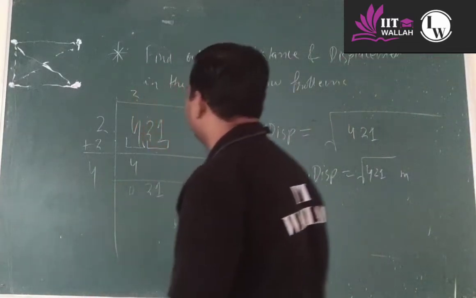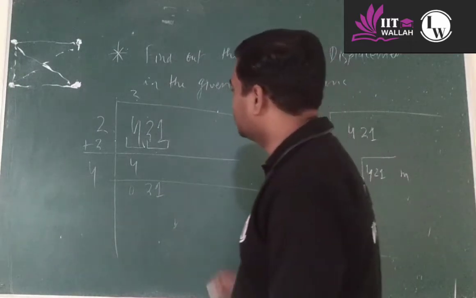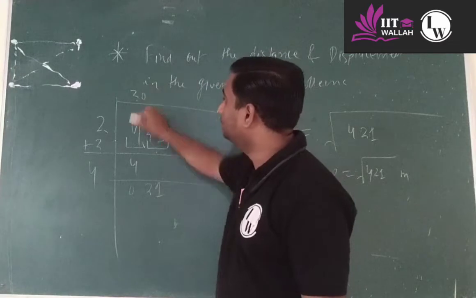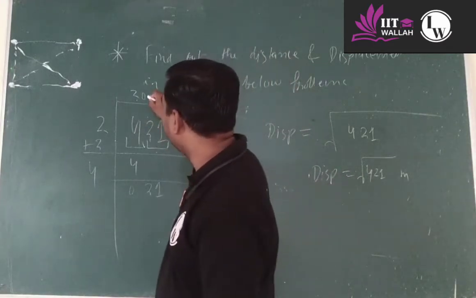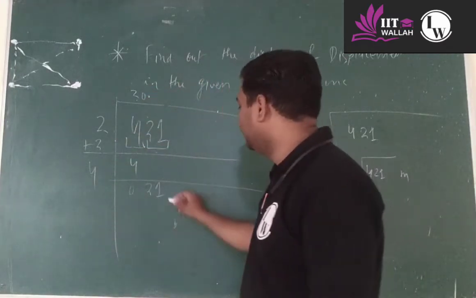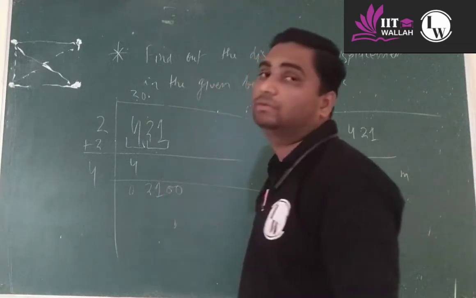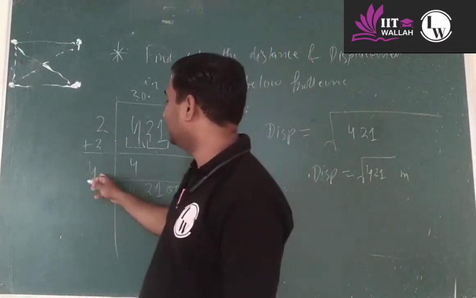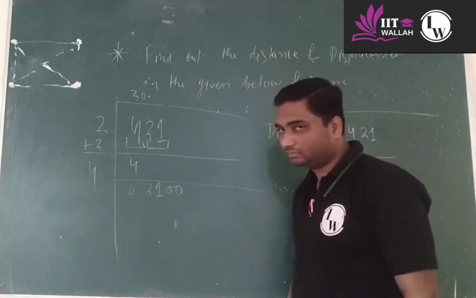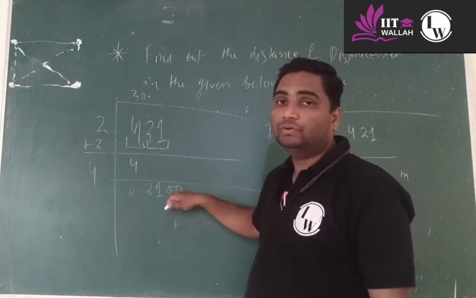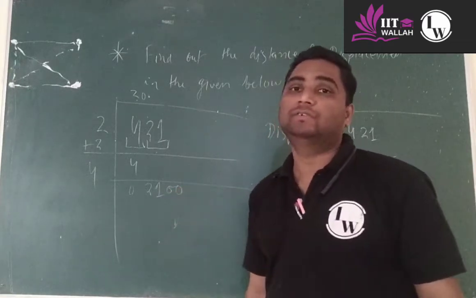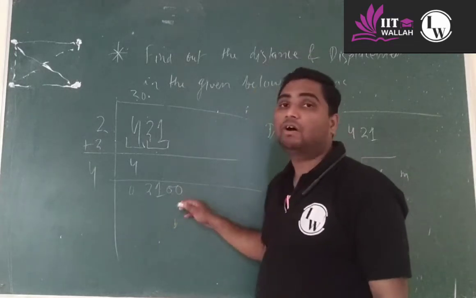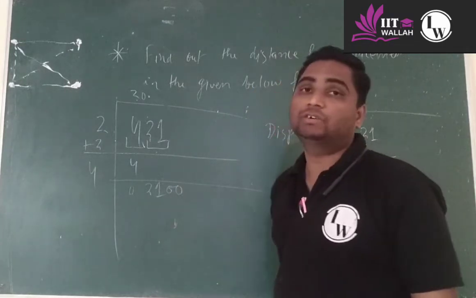Take 0 here, and then take the decimal point and add two zeros. Now take a number that is equal to or less than this, not greater than 2100.